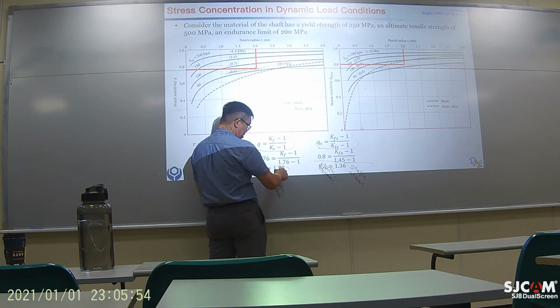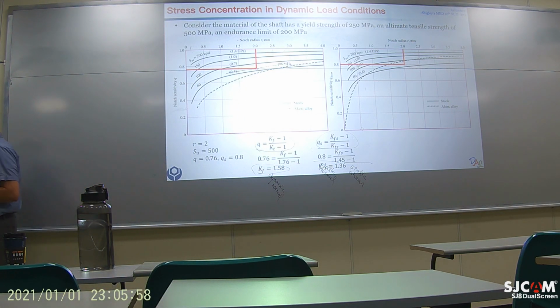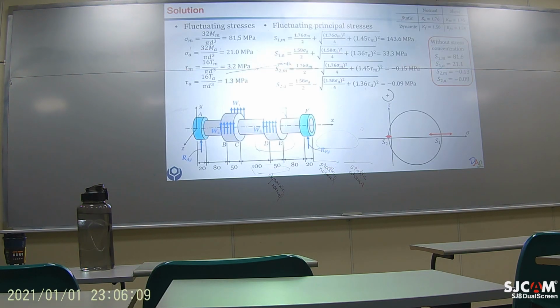The other one is dynamic and shear. So you have the four K values, four stress concentration factors for different load conditions. Now we can look at the design equations.